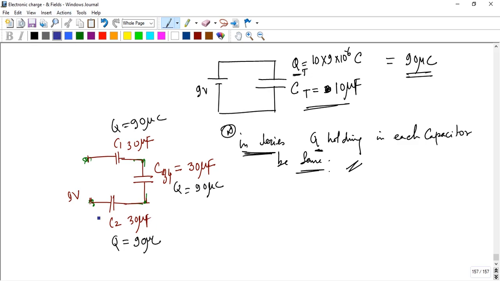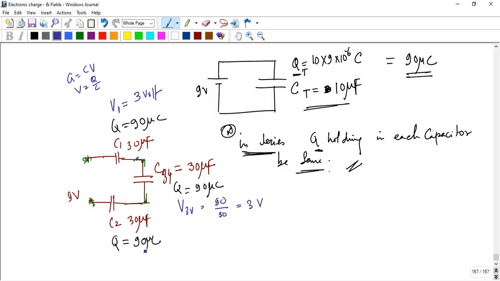So now calculate the potential of each capacitor. Here is V1, suppose. Q equals CV, so V equals Q by C, so 90 by 3, the micro cancels, so 3 volt. And V34 is 90 by 30, and we also get 3 volt.